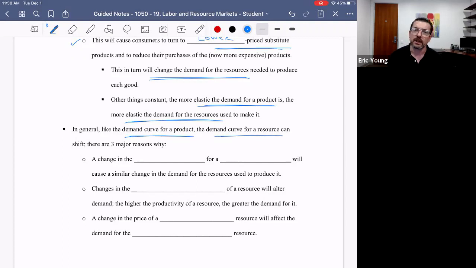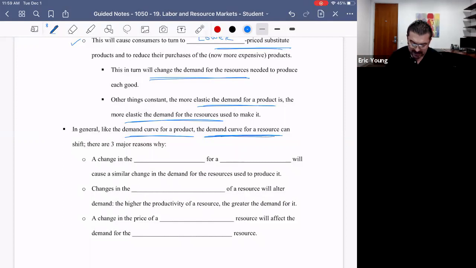We said earlier that ultimately resource markets are markets, and they're bound by the rules of supply and demand. And just as in product markets, over here in resource markets, demand curves can shift. And you know that that shift is going to affect equilibrium, which in turn will affect the price of the resource. So we know that resource demand curves can shift.